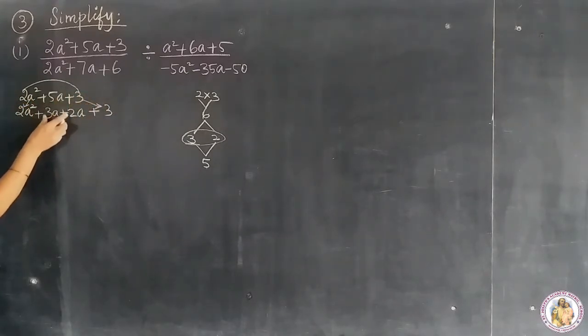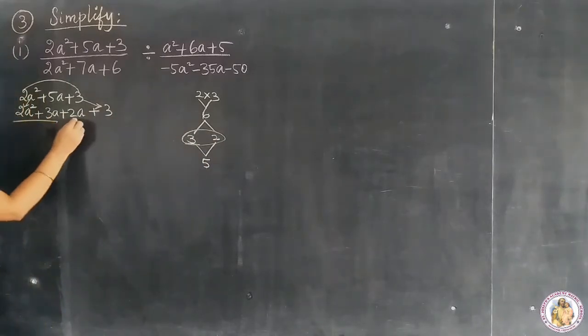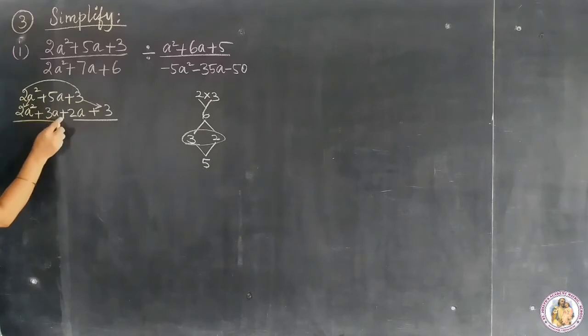In between for 5a, write 3a and 2a. Split the term, first two and the last two. First two and last two we have a as common. So write a.